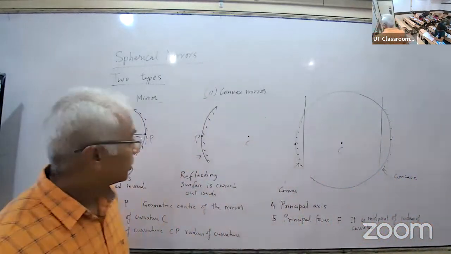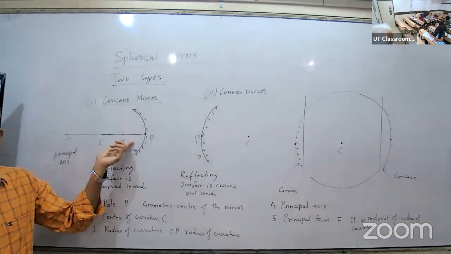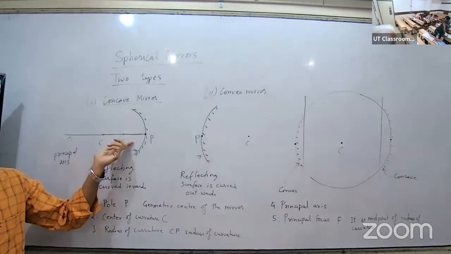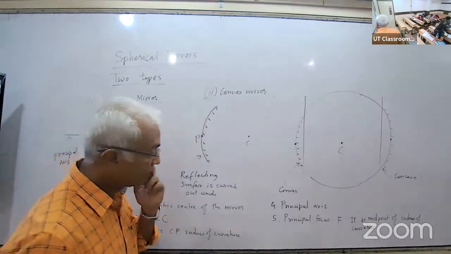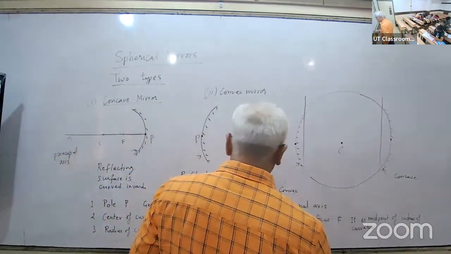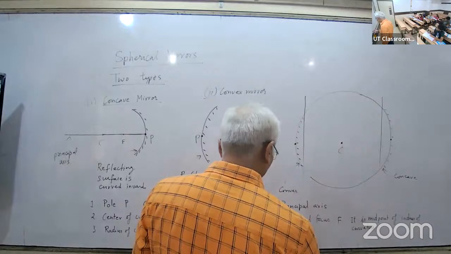Geometrically, it is the midpoint of radius of curvature. Then focal length.